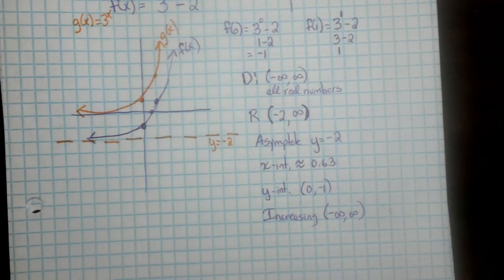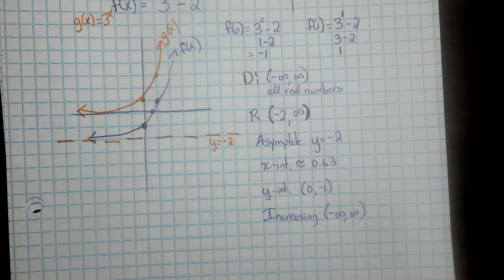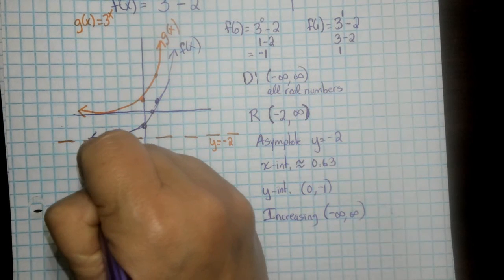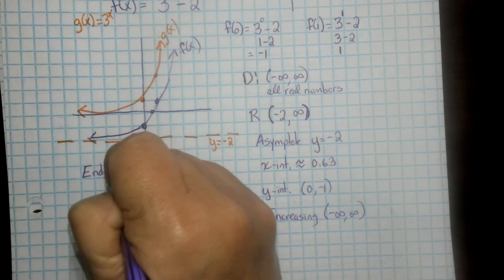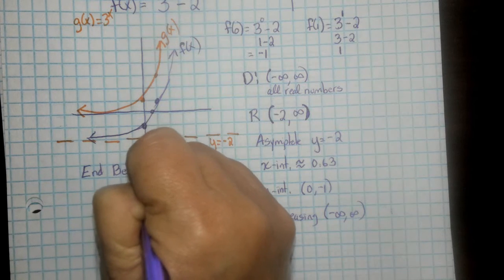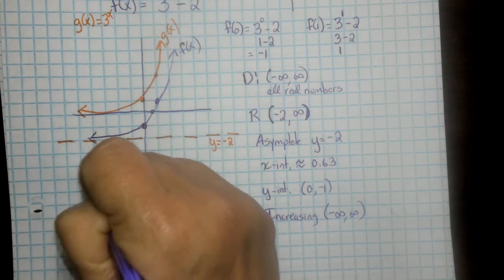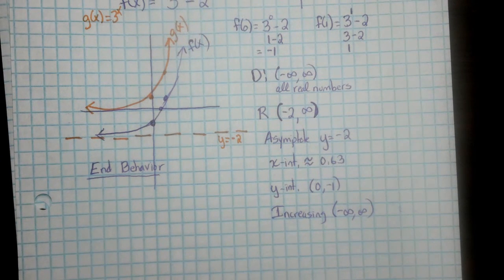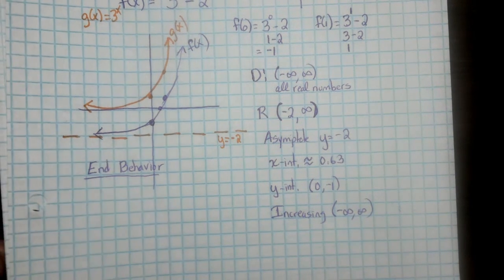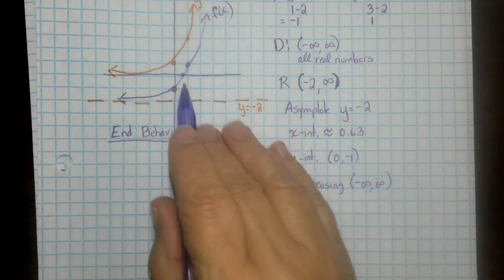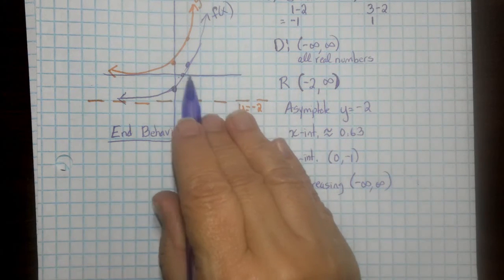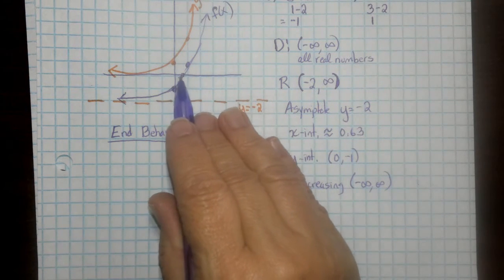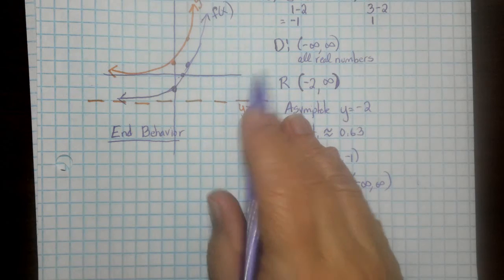All right, then the last thing we want to talk about is end behavior. And some of you are still having a little bit of trouble with writing end behavior in limit notation. So maybe this will help with that idea. So, for my end behavior, first I'm going to do the right end. So the right end means as x goes this way towards infinity.